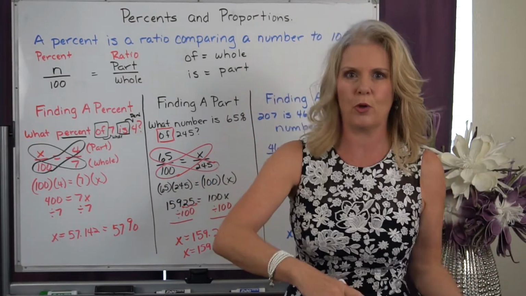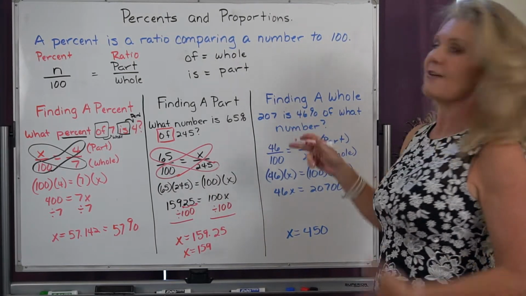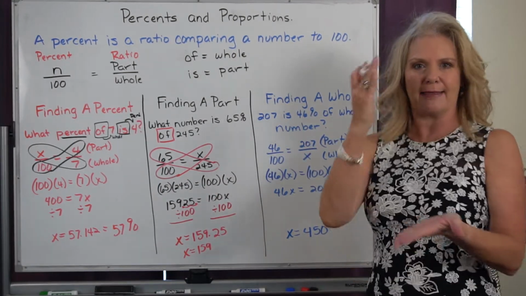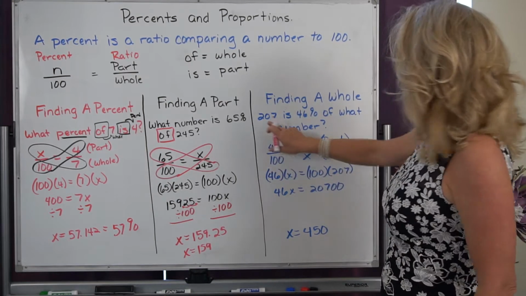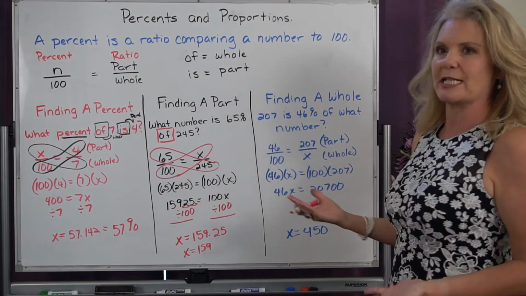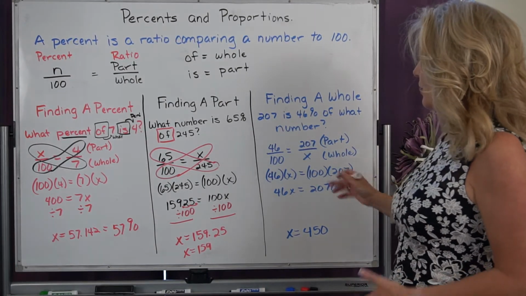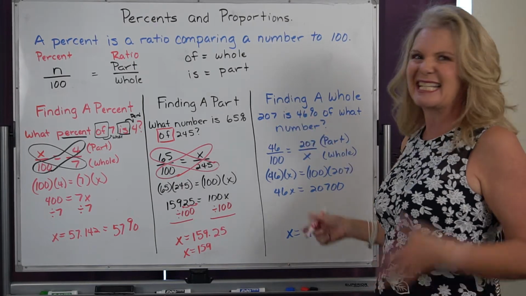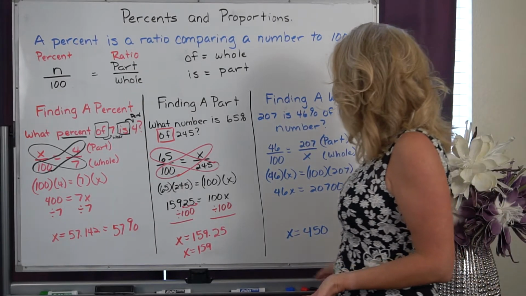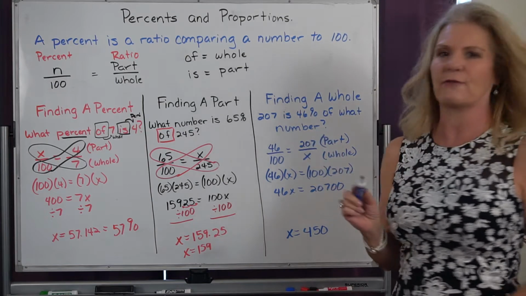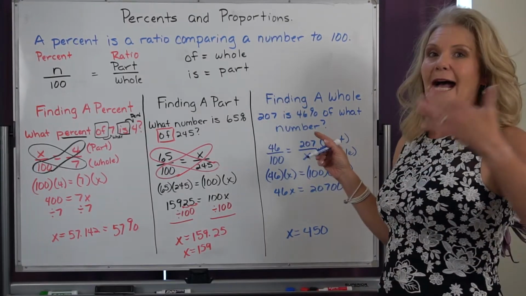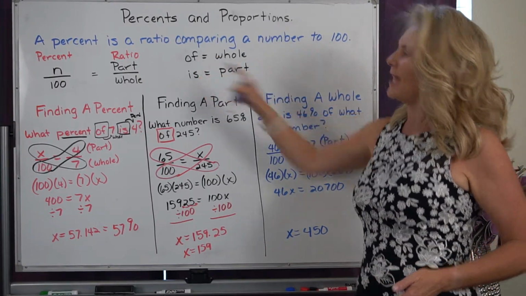Sometimes my whole is missing. So if we're going to find a whole, it means they gave me my percent, they gave me my part. So when I look at this, 207 is 46% of what number? Well, again, that 46% is the easiest one to find. When I see 46%, I know 46 over 100. Now, I look for those keywords of and is.